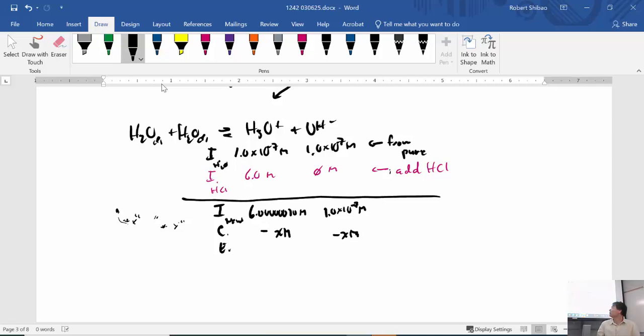No. So what we end up with is 6.00000000010 minus X and 1.0 times 10 to the minus 7 minus X. Then we need to solve for X. The algebra gets messy.